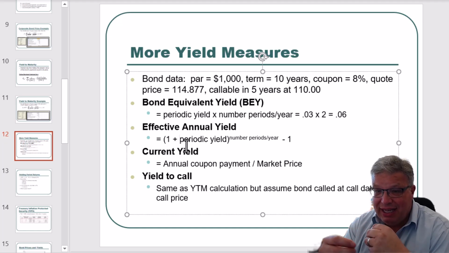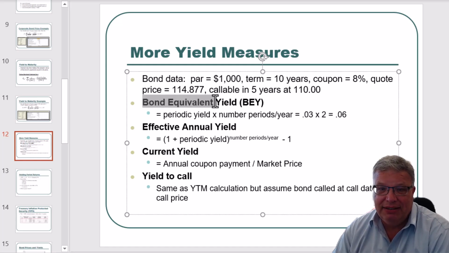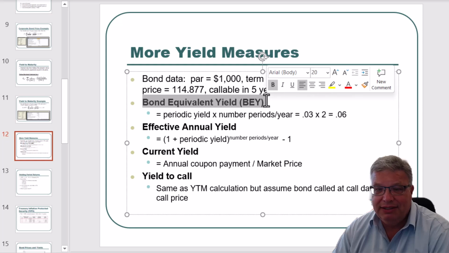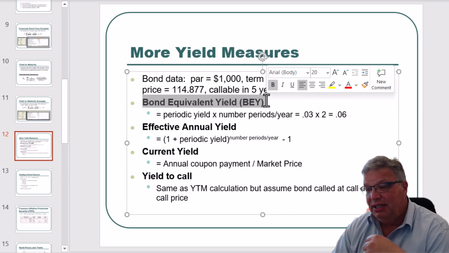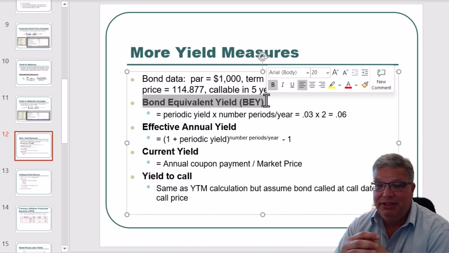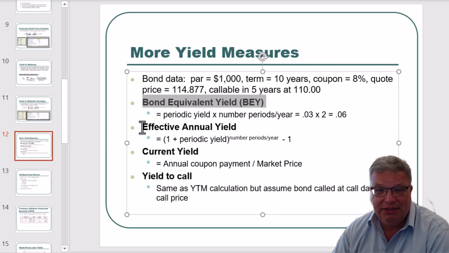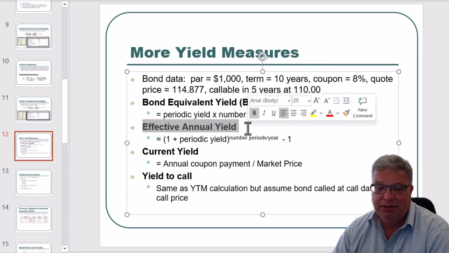So it takes compounding into account because the way the other one is calculated, if you recall back to Finance 300, it's simple interest, right? It just gives you the interest you get every period without assuming that you're going to get extra returns from reinvesting your interest or dividends, right?